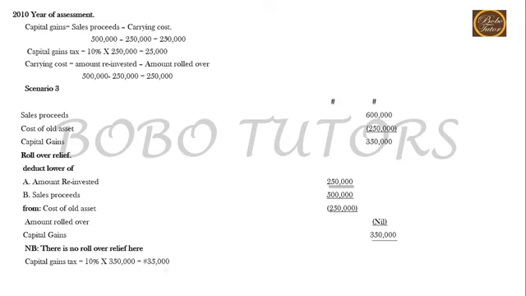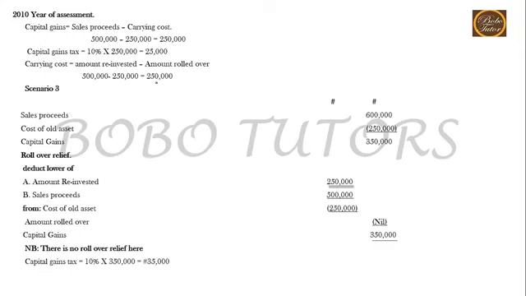How do I get that 250,000? The 250,000 is the carrying cost, which is amount reinvested minus amount rolled over. That's 500,000 minus the amount rolled over, 250,000. Then 10% of 250,000 gives us 25,000 naira. Do you understand that now?